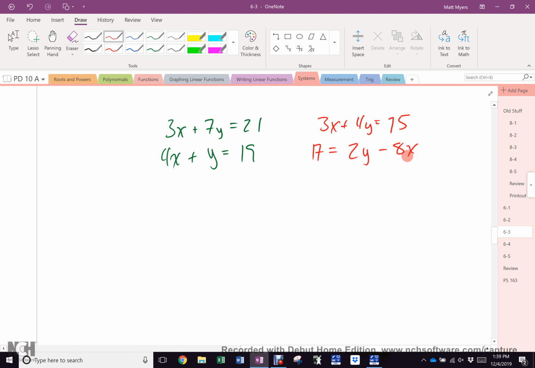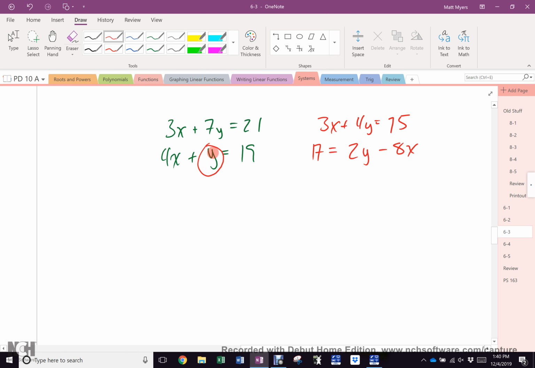Obviously both methods work with both. What would be most likely a better method to do with the green one? Why? Oh, yeah, I guess you could. I would have said because y is all by itself already.